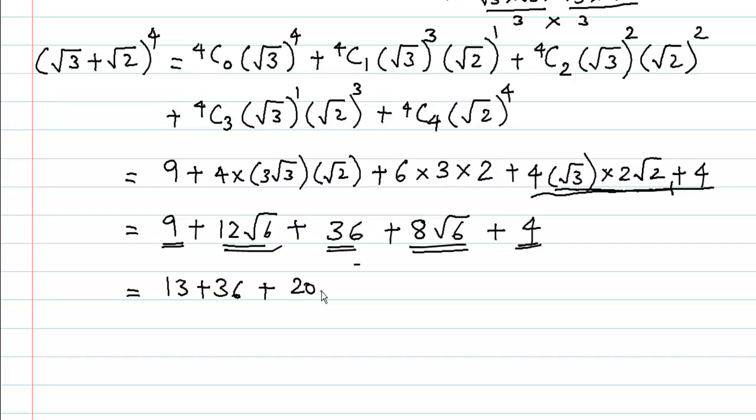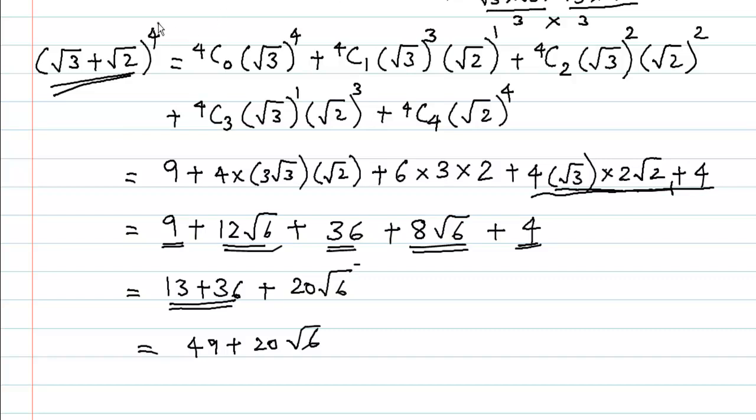So it ends up to be 20 root 6. And finally, let's add 13 and 36 also. And we have 49. So 49 plus 20 root 6. So this is the answer, the expansion of root 3 plus root 2 the whole raised to 4.